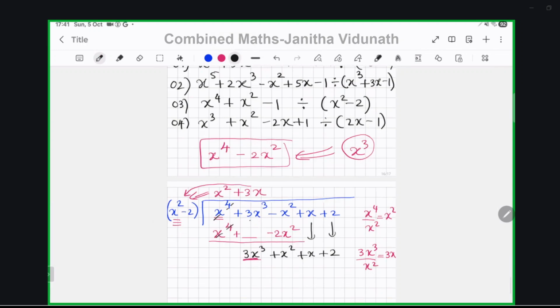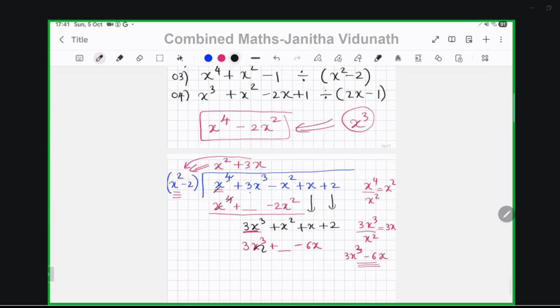Then it will give 3x cube minus 6x. Let me repeat. It will give 3x cube minus 6x. Here the x square term is missing. Then we need to keep a blank for the x square term. And we will have minus 6x.